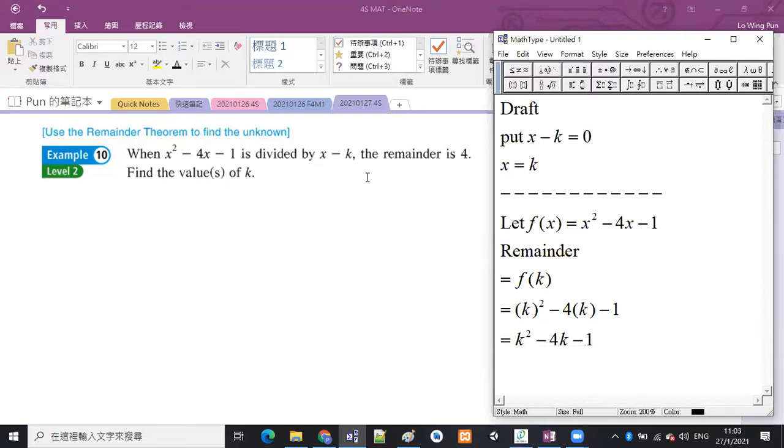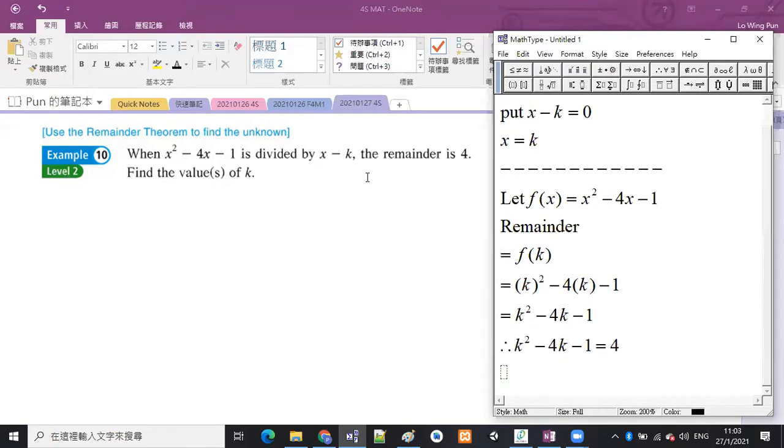But the question tells us that the remainder is equal to 4. Therefore, we put our remainder equal to 4. Can you smell that it is a taste of quadratic equation? Then you move all the terms to the left hand side and make the right hand side 0.